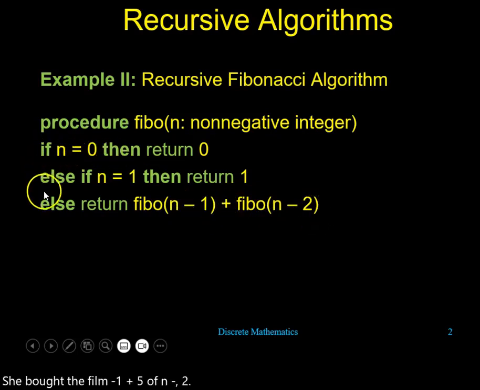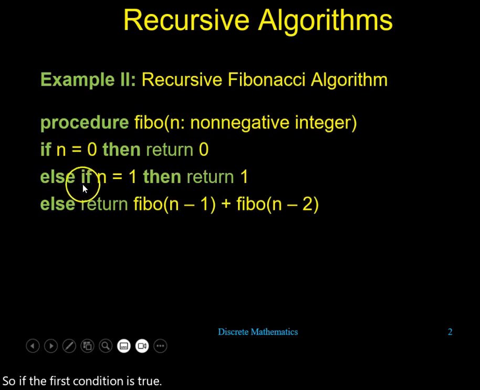So here we have this if condition, then action, else if condition, then another action, else another action. This is a more complicated if statement. If the first condition is true, then return 0.